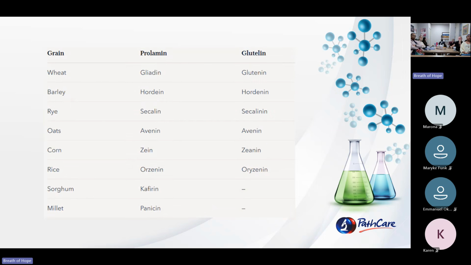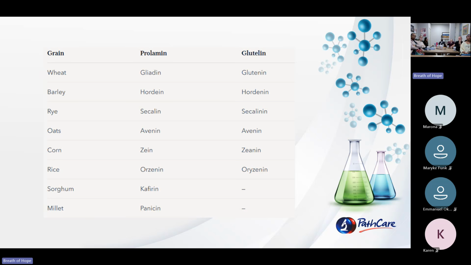Looking at the different grains, they have different prolamins and glutenins. Wheat, barley, and rye are the grains which are normally associated with causing symptoms in patients with celiac disease. Their prolamin and glutenin are specifically those mentioned in the table. For wheat, it's gliadin and glutenin. For barley, it's hordein and hordenin.